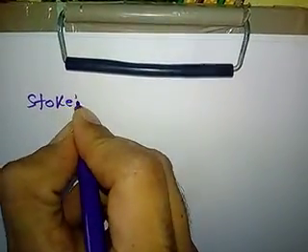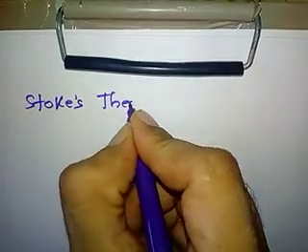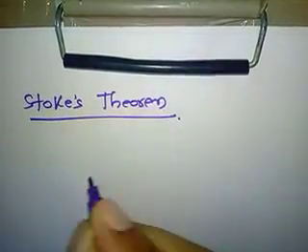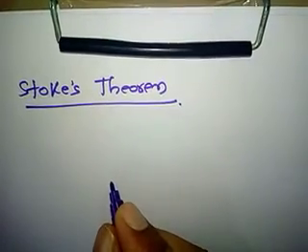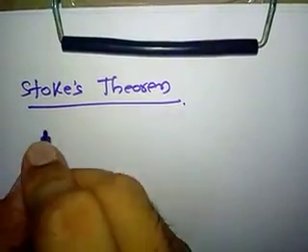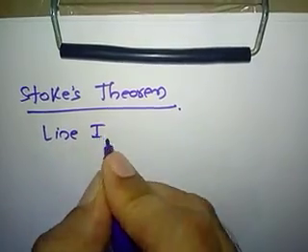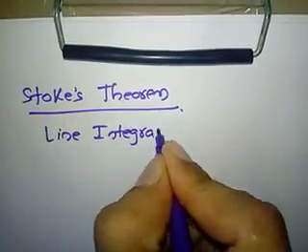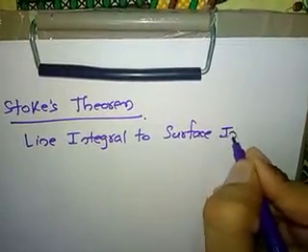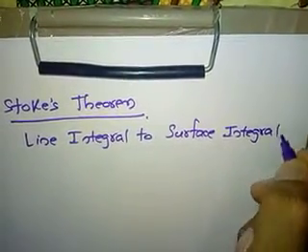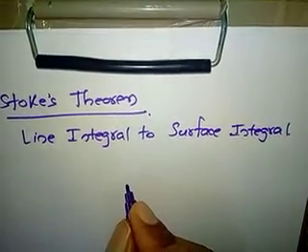Next students, we will move to one more theorem called Stokes theorem. This Stokes theorem in magnetostatics relates line integral to surface integral. The relationship between line integral and surface integral is given by the Stokes theorem.